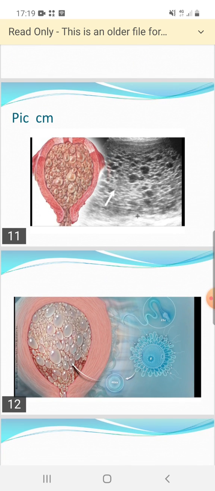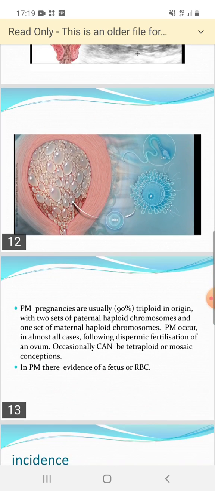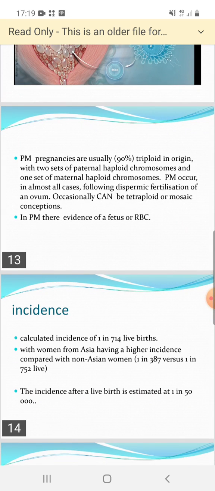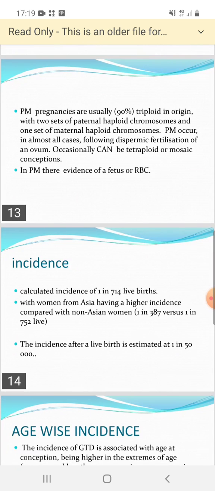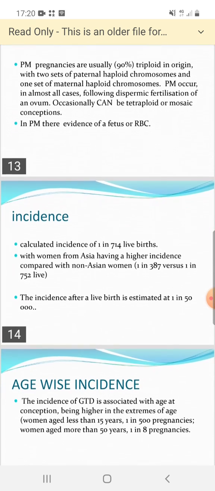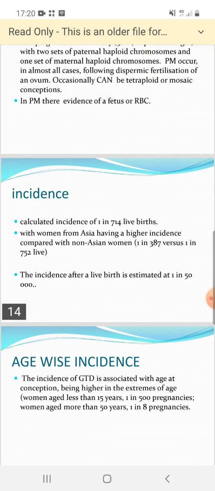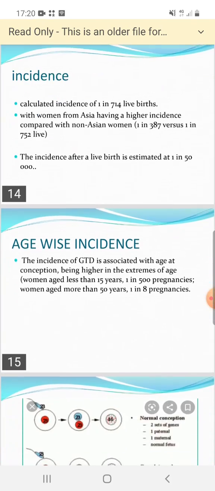Now this is a complete mole with vesicles. Partial moles are usually triploid in origin, with two sets of paternal haploid chromosomes and one set of maternal haploid chromosomes.